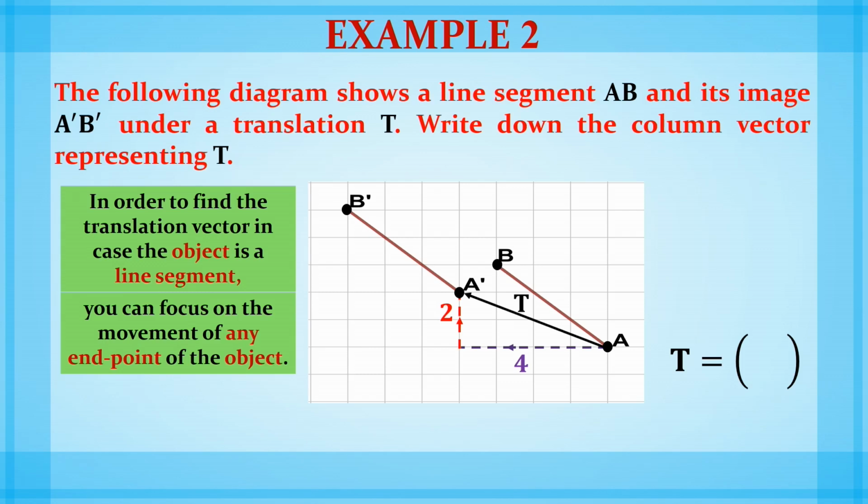Hence, the horizontal component is negative 4 and the vertical component is 2. Friends, you can verify if this translation vector is correctly represented by just taking a look at the translation of B to B'. Here again, the horizontal and vertical movements are 4 units to the left followed by 2 units upwards, implying this translation vector is correctly represented.